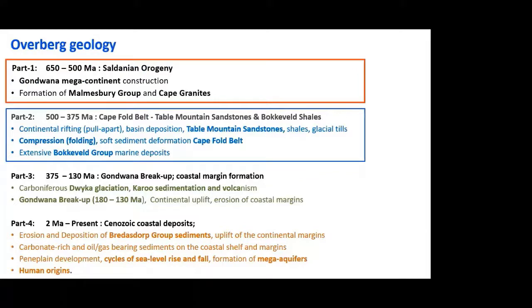Right. Okay. With that over, let's go back to what we are meant to be talking about. We're going to be looking at the formation of the basement rocks on which the Table Mountain Group have been deposited.